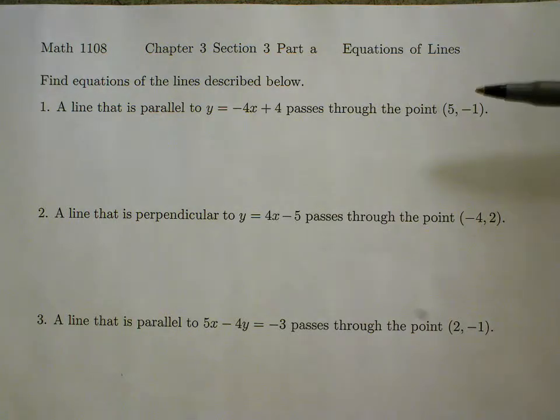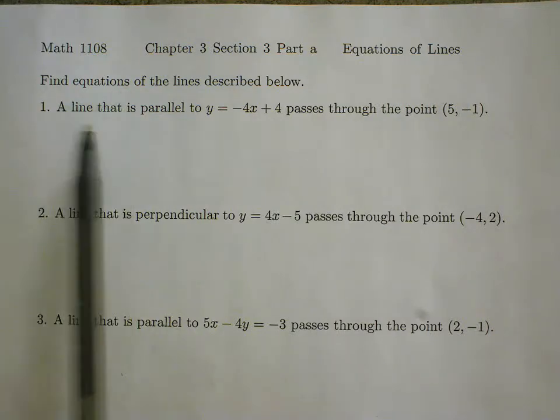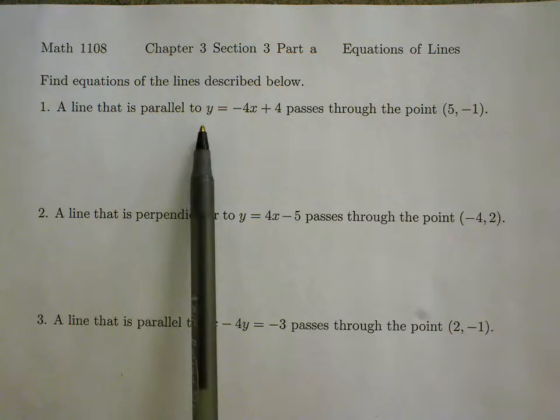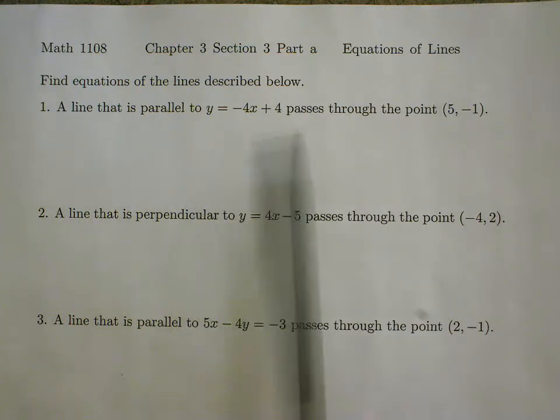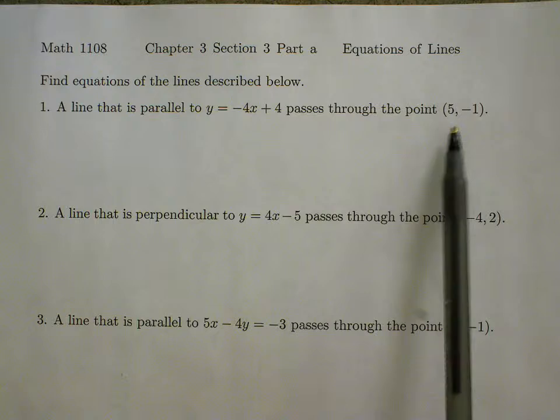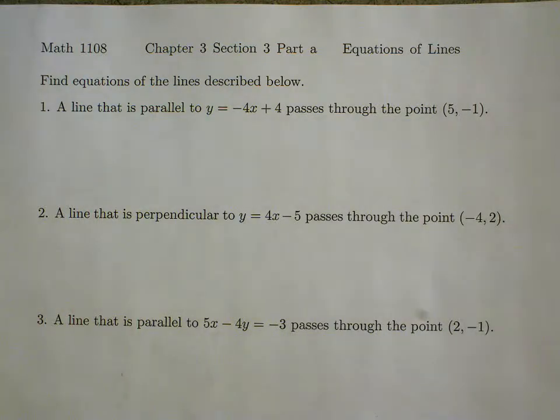So on this one, number 1, find an equation for a line that is parallel to the line y equals negative 4x plus 4, and which passes through the point 5, negative 1. And so we know a few things about straight lines in the xy plane.